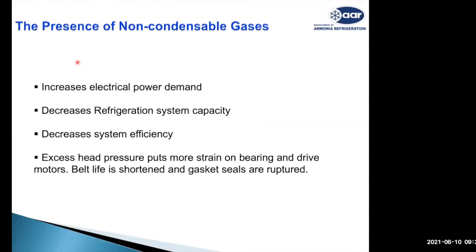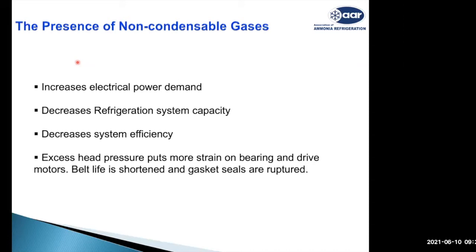So what do these non-condensable gases do to my plant? What does this air actually do to my plant? As I said, when we call these gases non-condensable, it means they do not evaporate or condense during my refrigeration cycle. Typically, our refrigeration plants operate from minus 40 or minus 45 degrees centigrade on the evaporation side to plus 38 or plus 40 degrees on the condensing side.